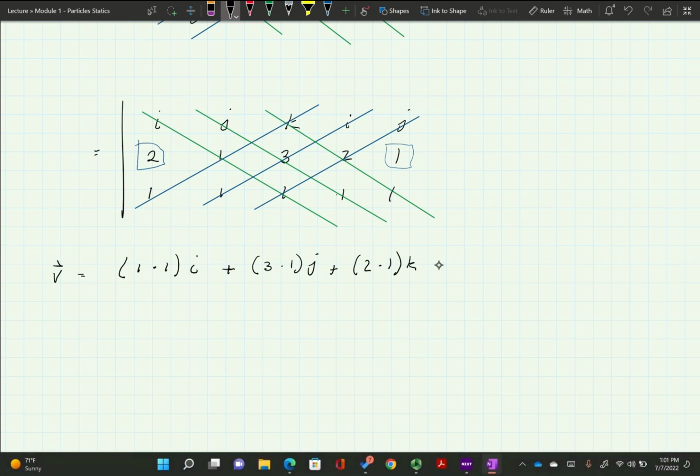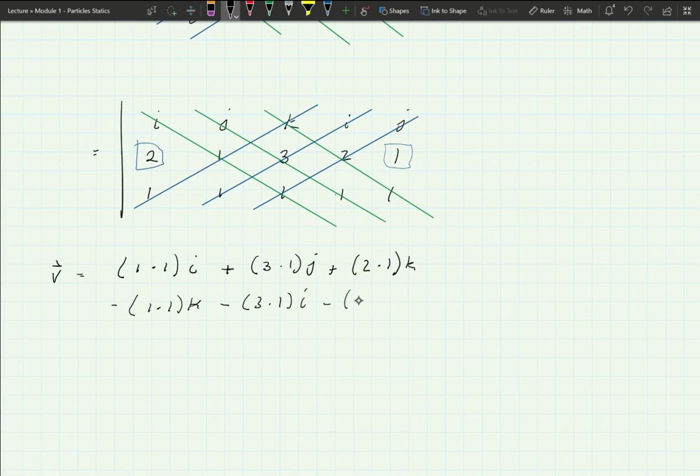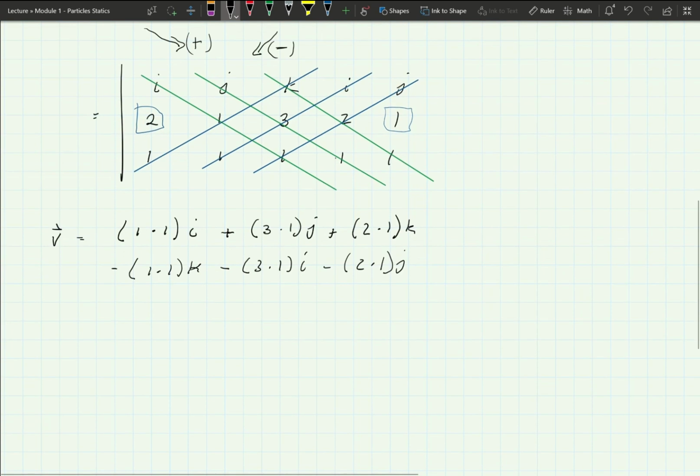So I'm going to do a negative here, and we're going to go 1 times 1, and that's k, minus 3 times 1 i, minus 2 times 1 j. And again, make sure I got all that stuff. So if I'm going that direction, it's positive. If I'm going this direction, it's negative. So keep that in mind as you play this out. It'll help sort things out for you.